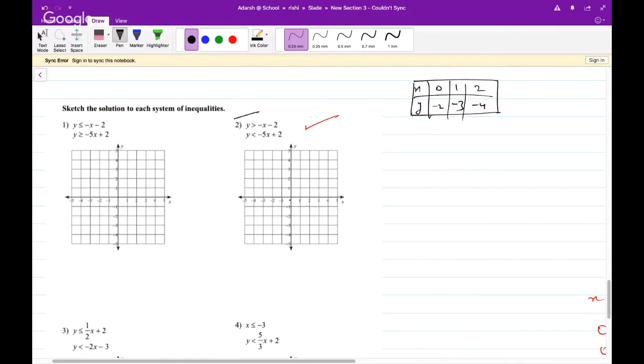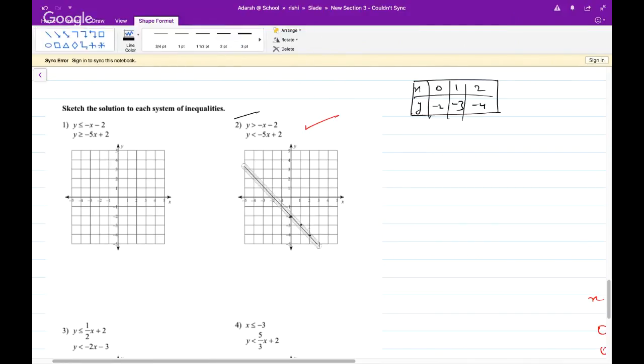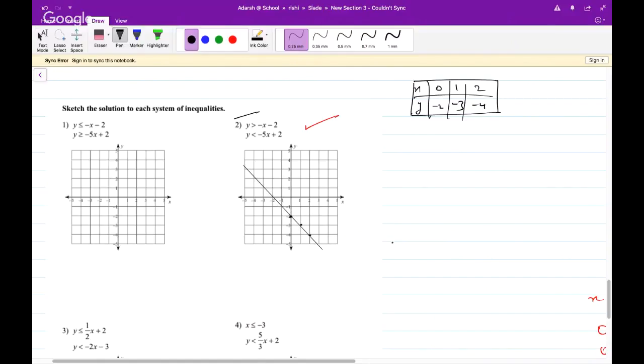To plot them, x as 0, y is minus 2. This is 1, y is minus 3. And this is minus 4. So when you plot them, it's a line like this.